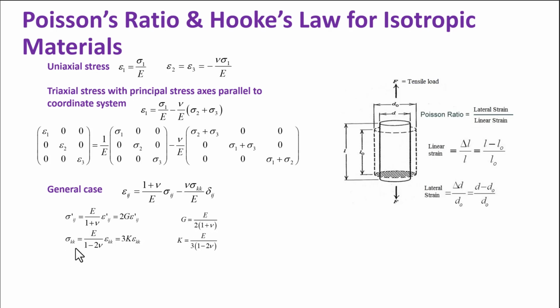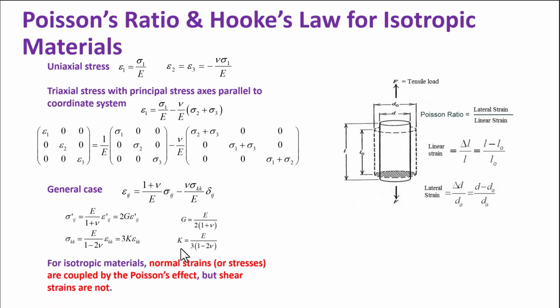The mean stress is the diagonal sum of the stress tensor, sigma 11 plus sigma 22 plus sigma 33. So sigma kk is related to the volume strain epsilon kk by a coefficient 3K. K is called the bulk modulus. So for isotropic materials, normal stresses and strains are coupled by the Poisson's effect, but shear stresses are not.